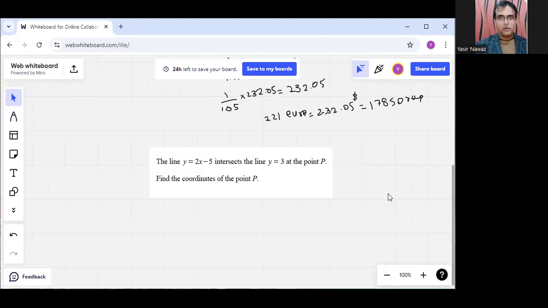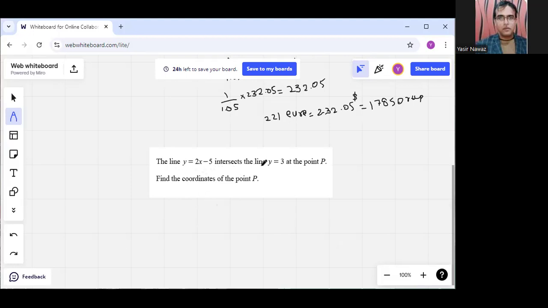Because this equation is linear, x has the power 1 and y also has the power 1. So it's a linear equation. In a linear equation with two variables, its graph would be a straight line in the 2D plane.